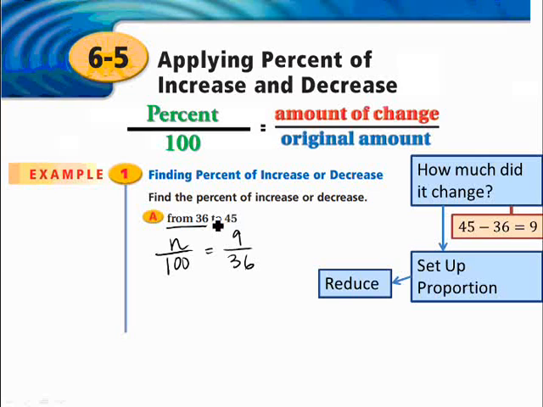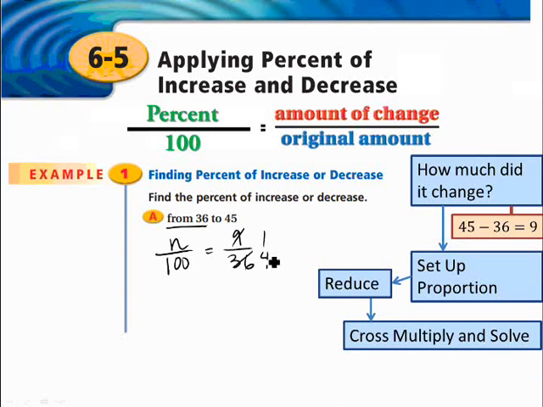After you set up your proportion, reduce the ratios if possible. And I can reduce 9 over 36 to 1 over 4. Making the cross multiply and solve steps much simpler. 1 times 100, 100. 4 times n, 4n.